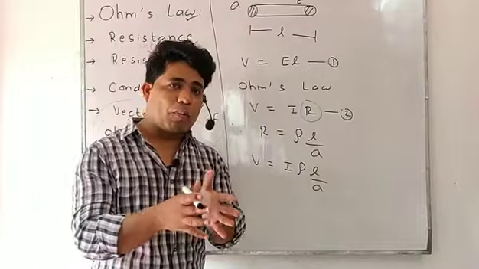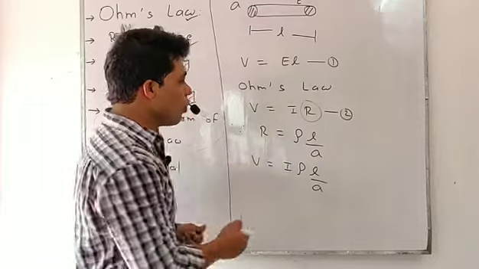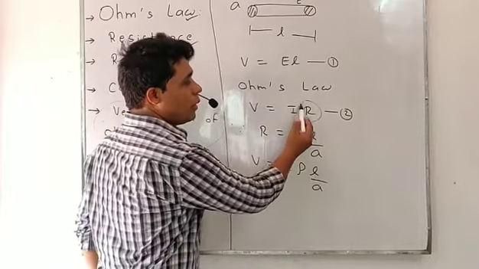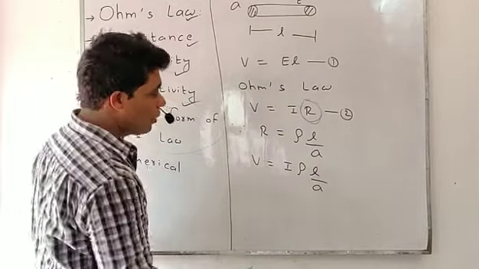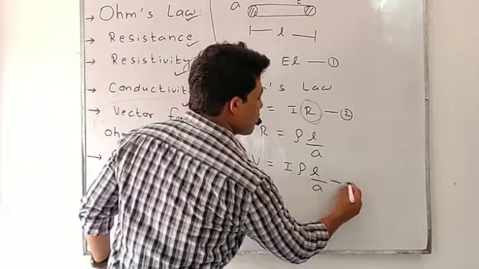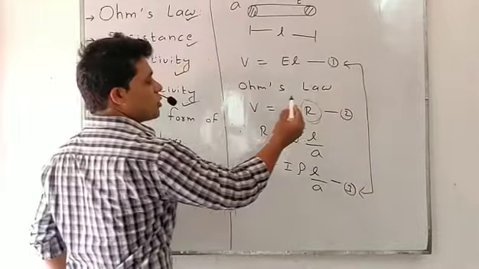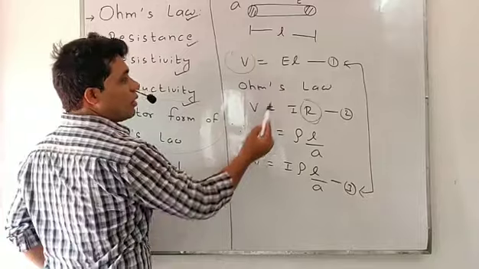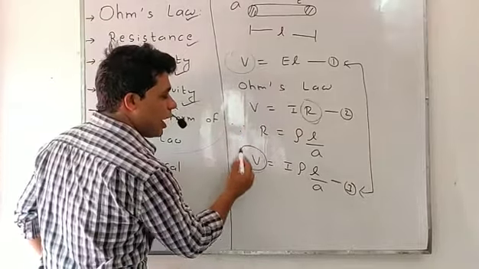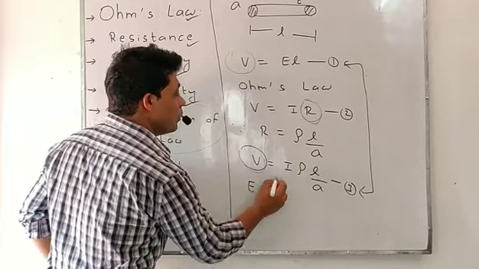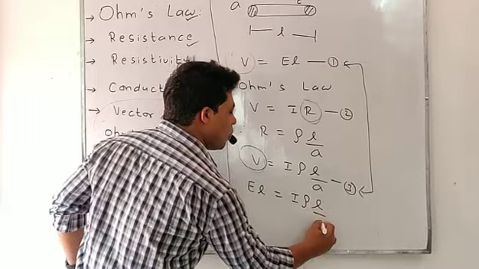Then I applied the simple form of Ohm's law, V equals IR. We know R is rho L upon A, so I put rho L upon A and call this equation number three. Now students, compare first and third. Left hand side is equal, so right hand side will also be equal. So from first and third, I am going to write EL equals I rho L upon A.